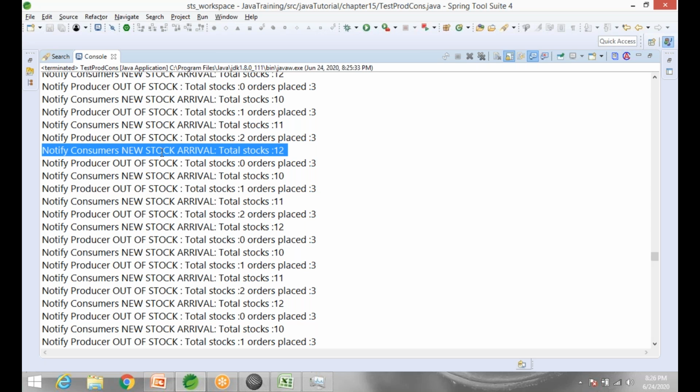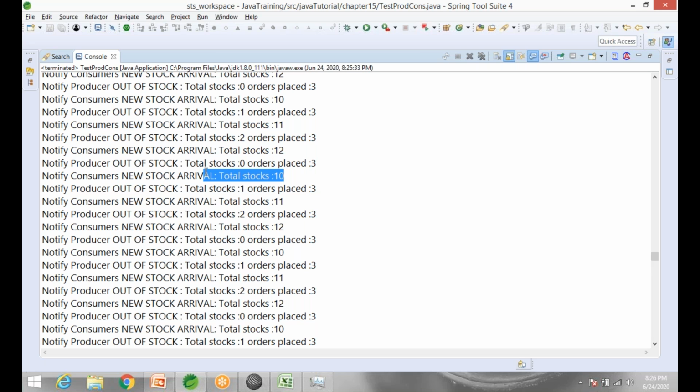So you notify the consumer, the consumer will order from 12 minus 3 becomes 9, minus 3 becomes 6, minus 3 becomes 3, minus 3 becomes 0. So when your stock is 0, you cannot order another 3. So you notify the producer. The producer adds 10 phones. 0 plus 10, the new stock is 10.